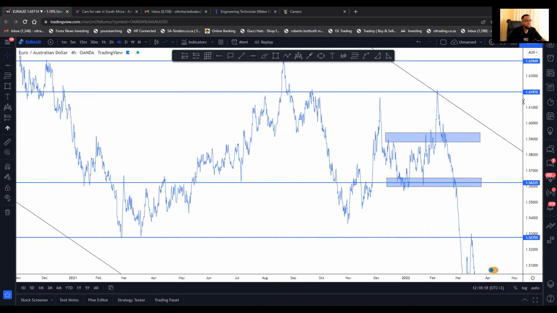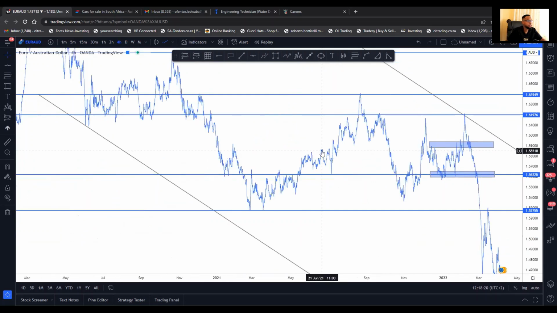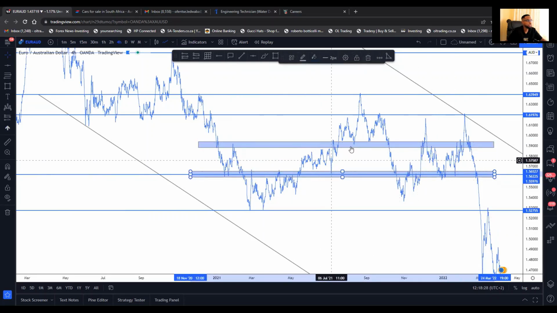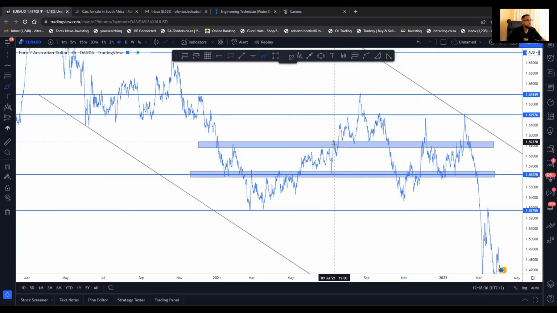So let's identify more. You can see we are on top here, it comes back, retests, goes up. The market pushes up, then retests, pushes up. So this now becomes the new support.